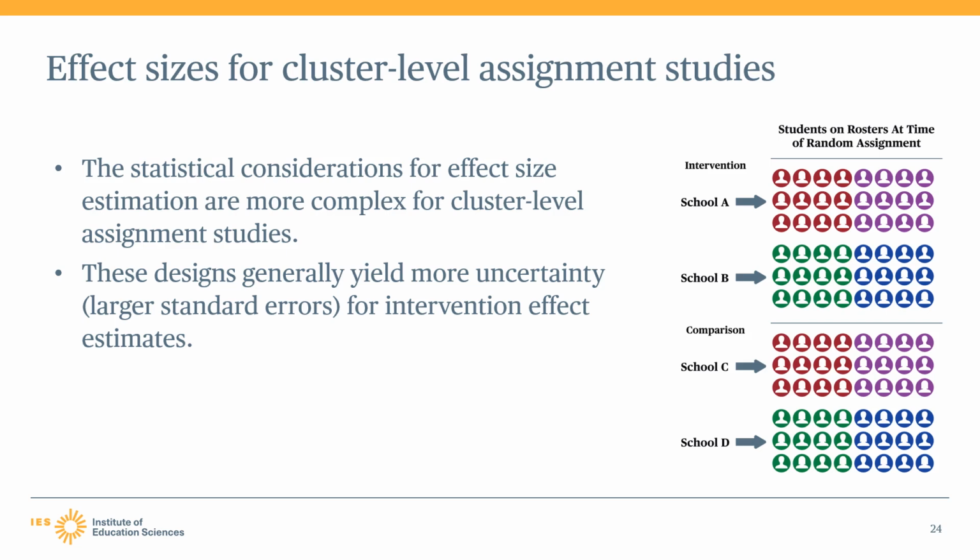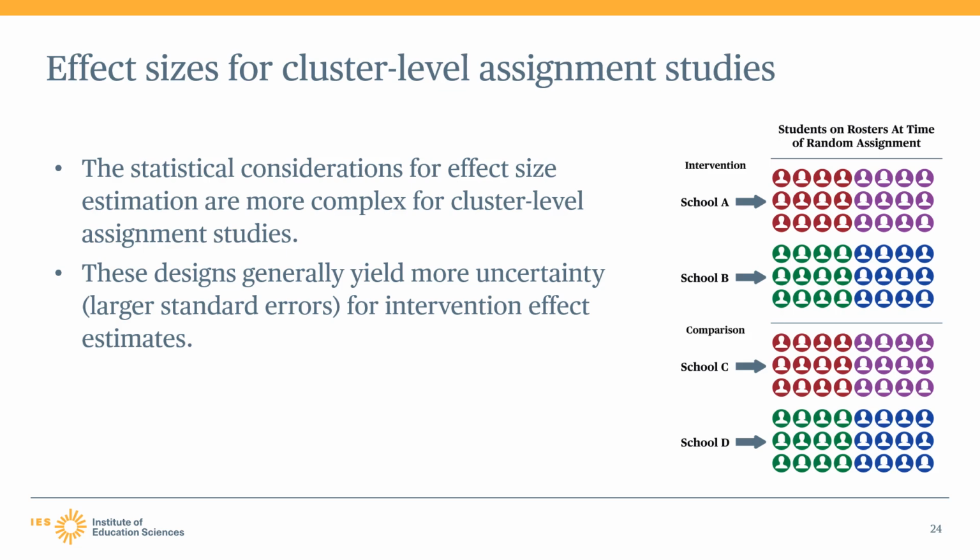The WWC's effect size calculations use that total variability to standardize the effect size metric. By using the total variability as the standardizer, the WWC can calculate effect sizes from cluster level assignment designs that are comparable with effect sizes from individual level assignment designs conducted in several sites.